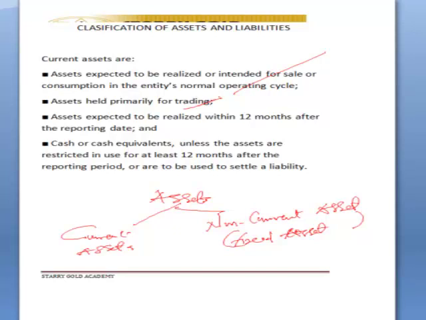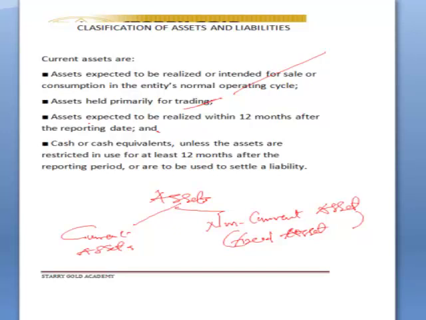Asset expected to be realized within 12 months after the reporting date. An asset that lasts for a span of one year, recovering or realizing its value, is tagged as a current asset.